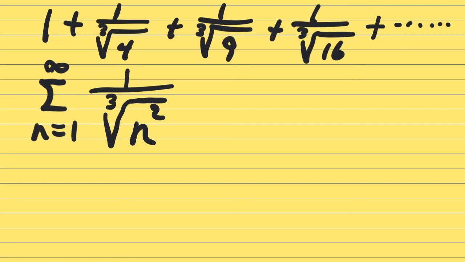Does that seem right? Cube root of 1 squared is 1. Cube root of 2 squared is cube root of 4. 3 squared is 9, cube root of 9. It appears we're right. This radical can be rewritten with a power of 2/3.